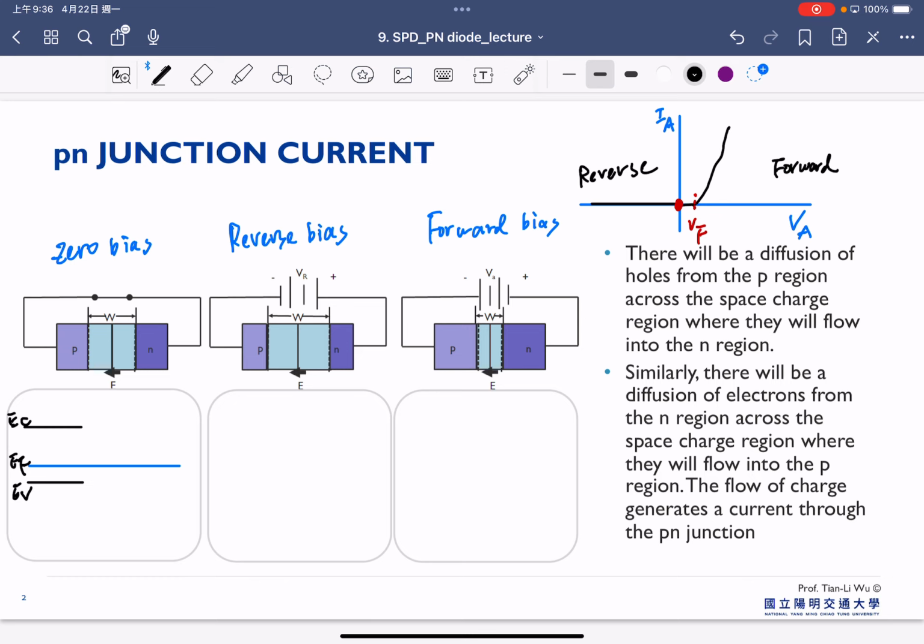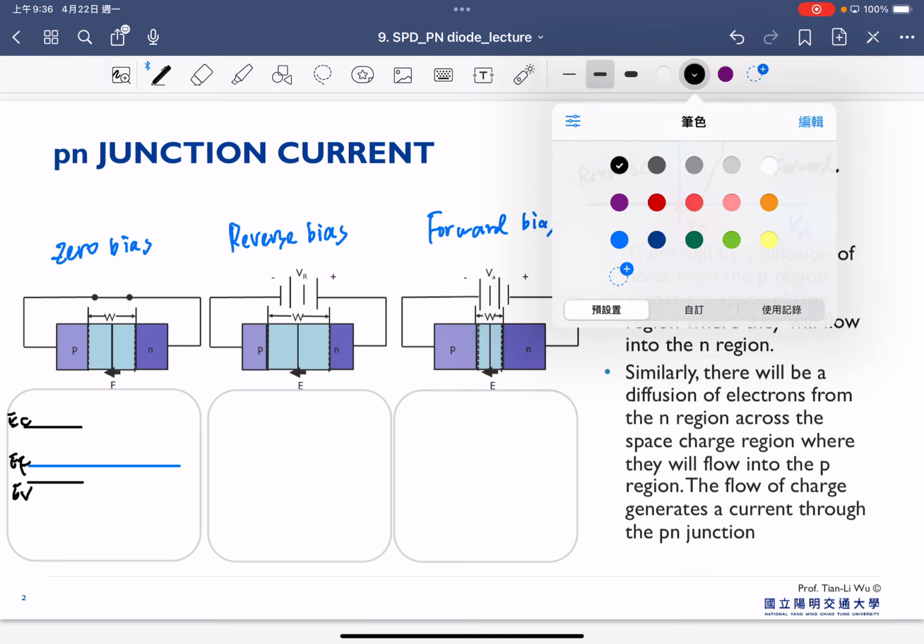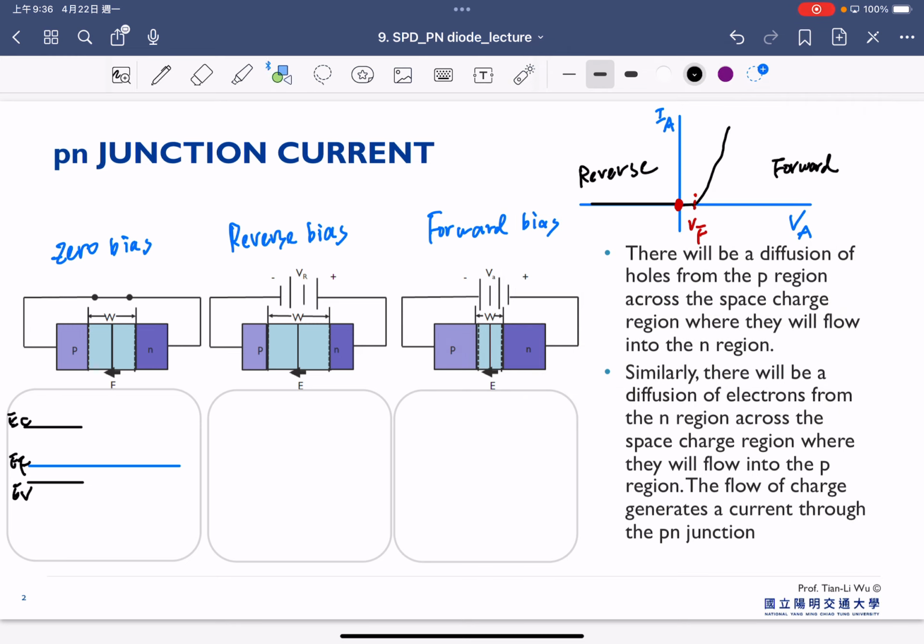On the other hand, in the N side, our Fermi energy will be close to the conduction band, far away from the valence band, and therefore in the N region we should have the band diagram like this.